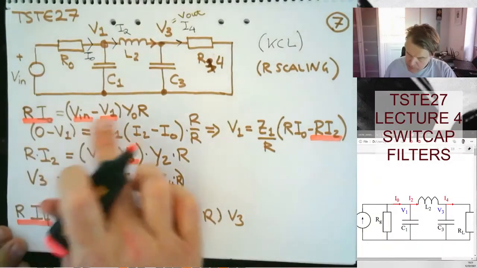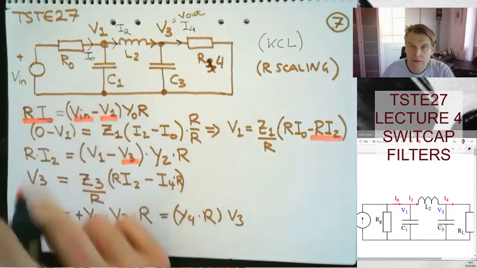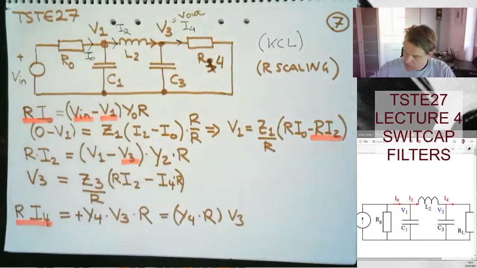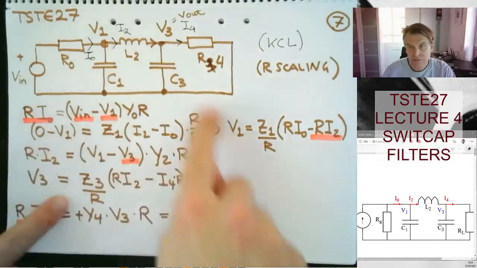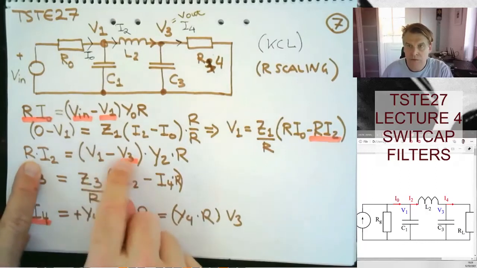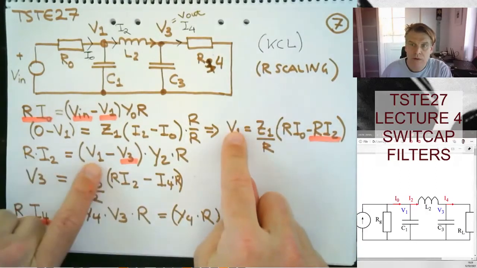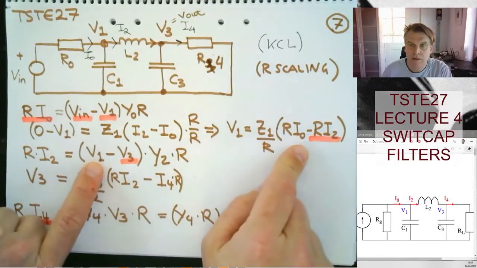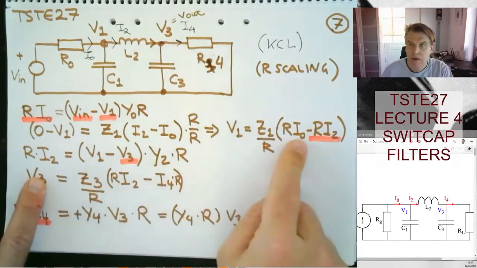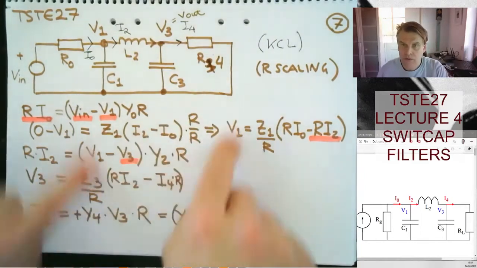So 1, 2, 3, 4, 5, 6. And then V in is obviously a known input. And then you see that things hook into each other. Ri2 is a function of V1 and V3, but V1 is also a function of Ri2, so there's a sort of feedback going on here. V3 includes the Y2 and Y4, etc., etc.